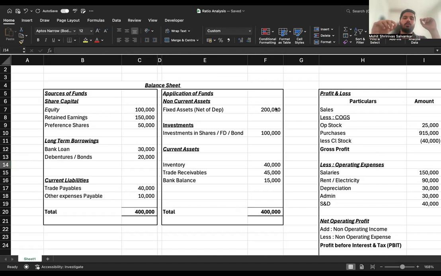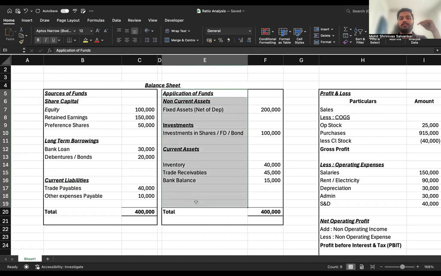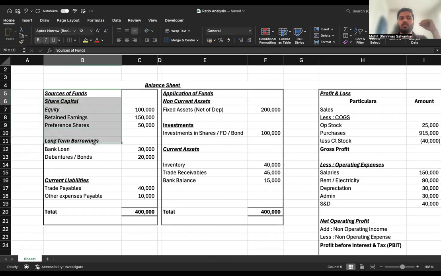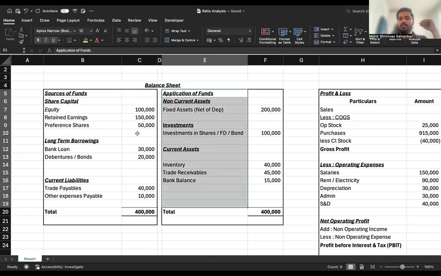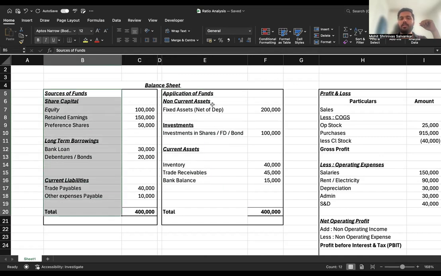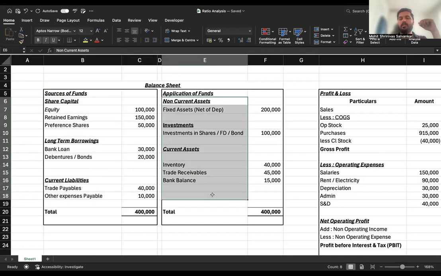And number two, in financial accounting, you see equity and liability here and assets here. I have changed the terminology slightly. I said this is sources of funds and this is application of funds. So you got the funds from here and you applied it here.